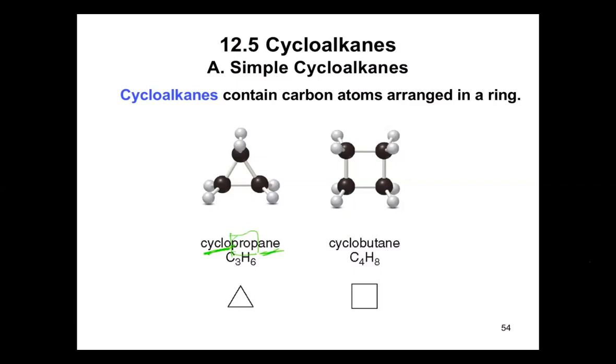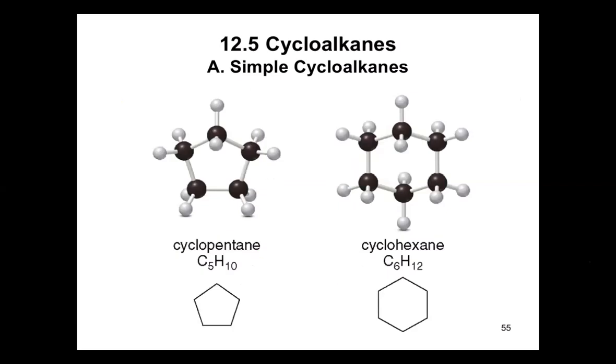Yung triangle, edi cyclopropane siya. Yung square, cyclobutane. Okay? So, next time na parang para medyo intellectual kayo, pinakita nyo, ano shape to? Cyclobutane yan. Okay, and then another example, 5 carbon ring, cyclopentane, tapos ang 6 carbon ring is cyclohexane.